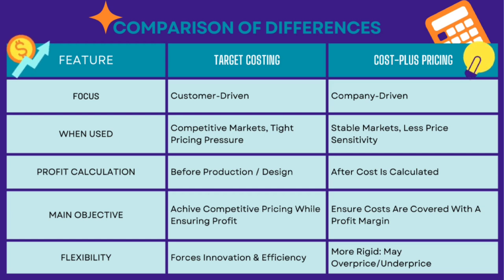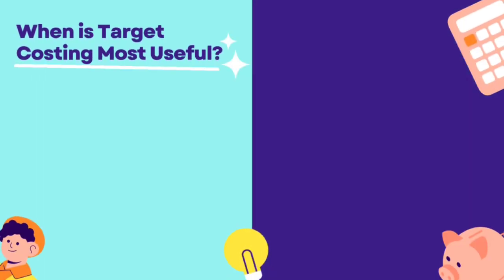So the main objective of target costing is to achieve competitive pricing while ensuring profit, while cost plus pricing is to ensure costs are covered with the profit margin. The flexibility of target costing is to force innovation and efficiency, whereas cost plus pricing is more rigid, may overprice or underprice.